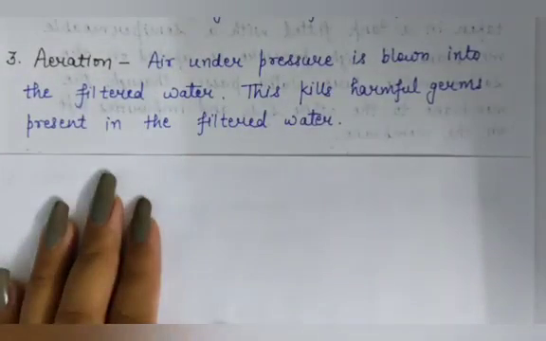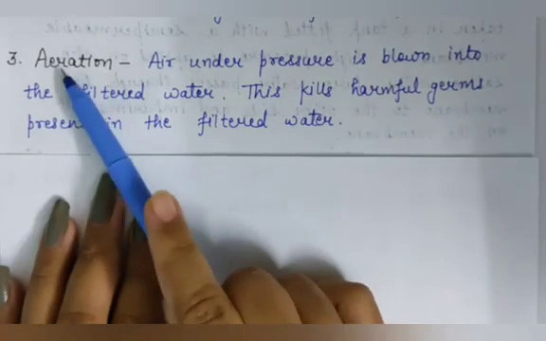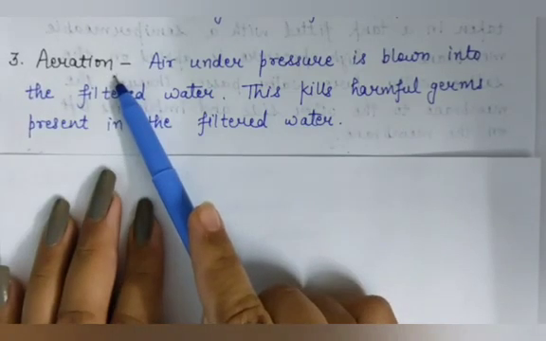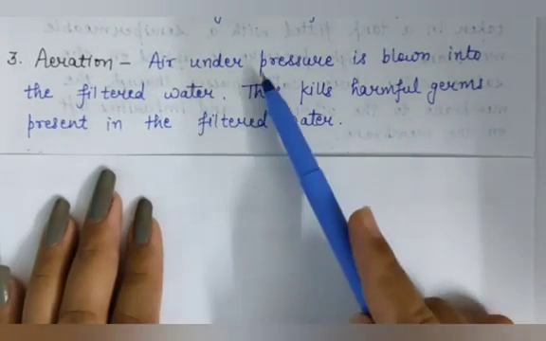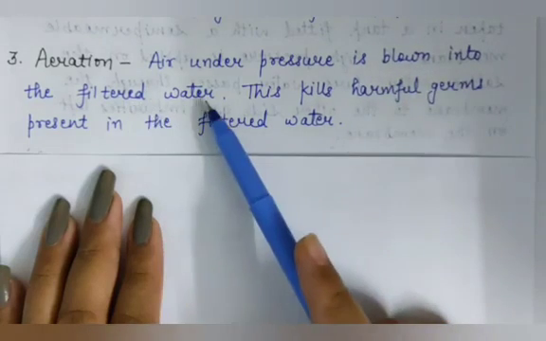Now it is needed to separate the germs also. It means it is needed to kill harmful germs. Okay. So for this, we use the aeration method. In this, air under pressure is blown into the filtered water.